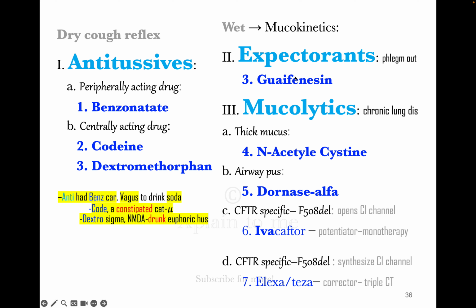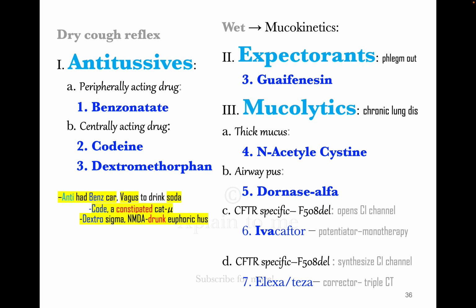Guaifenesin is the expectorant drug for sputum dilution, getting the mucus out, thick phlegm out by guaifenesin. So what is the significance? Most of the smart physicians will say, okay, this mucolytic drug will not work for the common cold. What is the reason? Easy to remember.